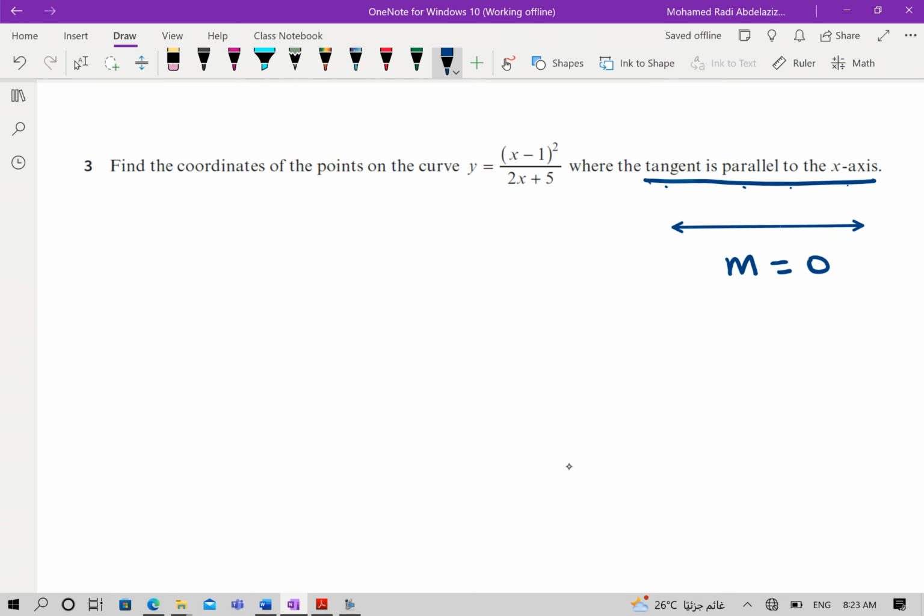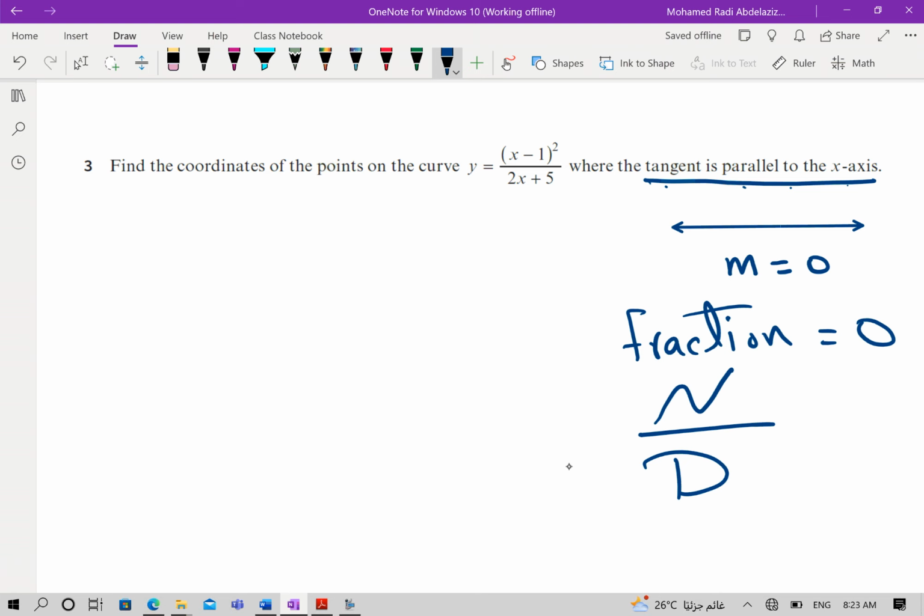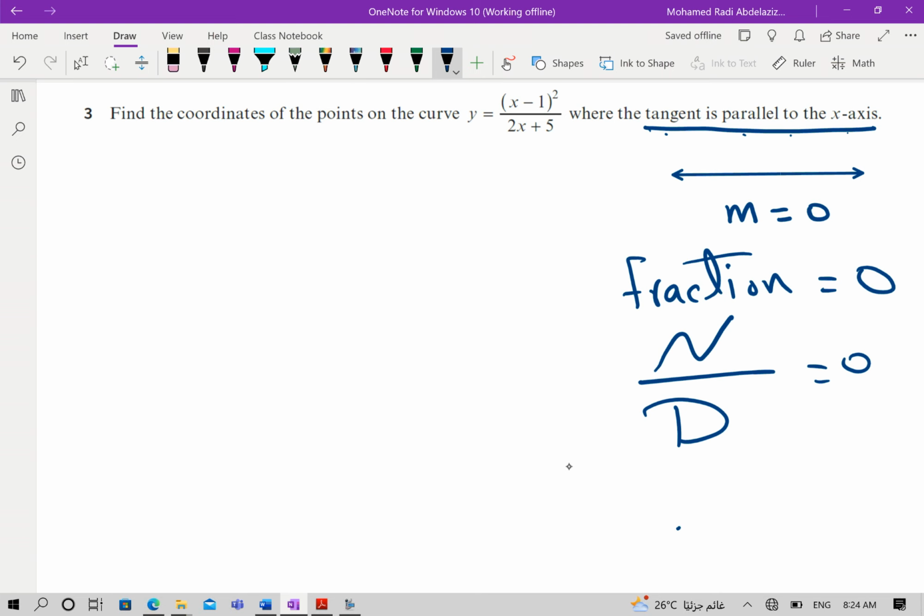So in this case, if you have a fraction and this fraction equals 0, the fraction is formed from two parts, numerator and denominator. In this case, the numerator only will be what? 0. If you make a cross multiplication, you will get the numerator equals 0.